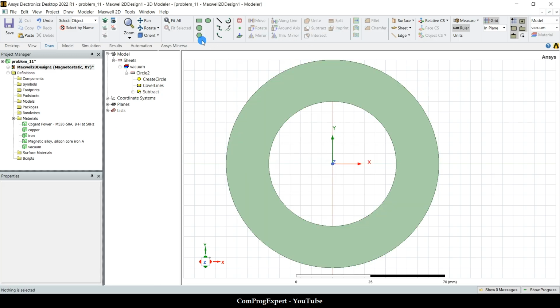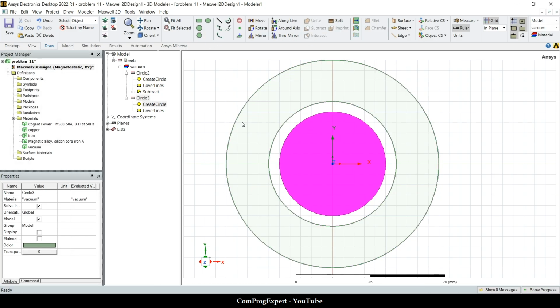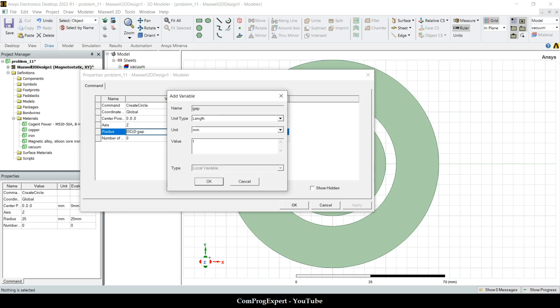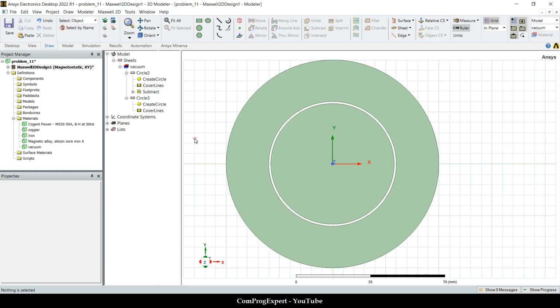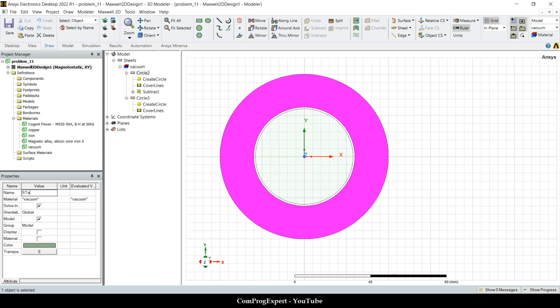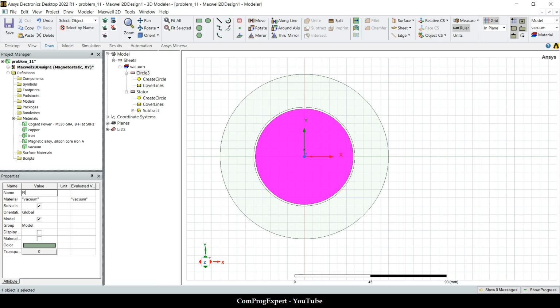This is the stator, and we can add another circle. This is ISD divided by 2 minus gap. The air gap thickness, let's consider 1 millimeter. This structure. So this is the stator, and this is the rotor core.